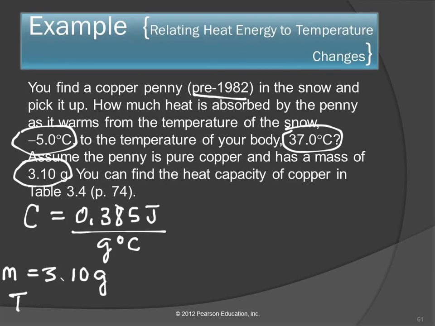So this temperature, minus 5.0, is that the final temperature or the initial temperature? That's initial. It warms from the temperature of the snow to the temperature of your body. So that's the initial temperature. And then the 37 must be the final temperature.